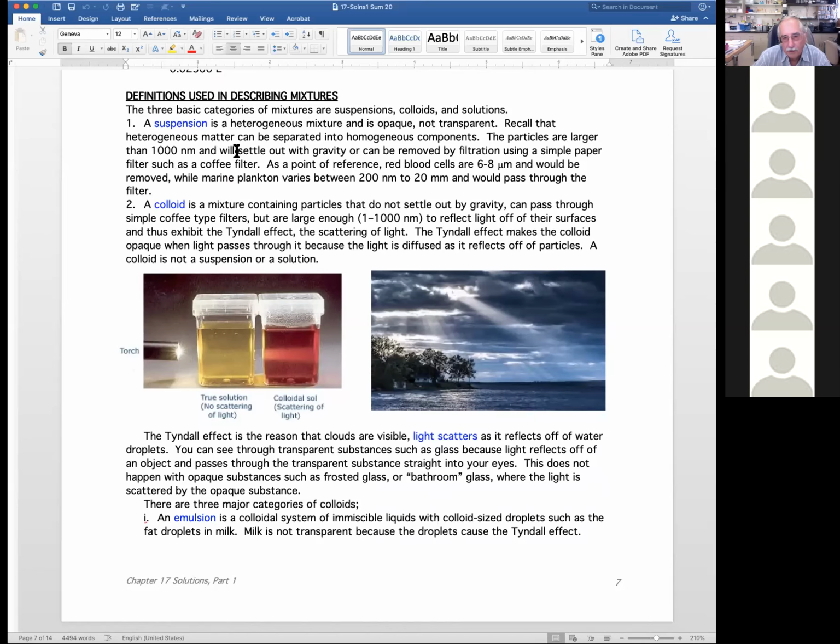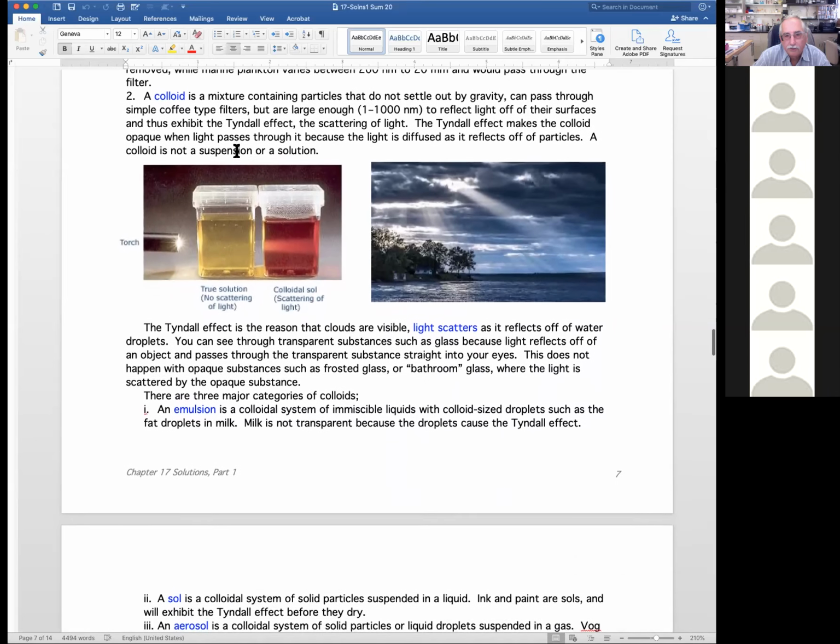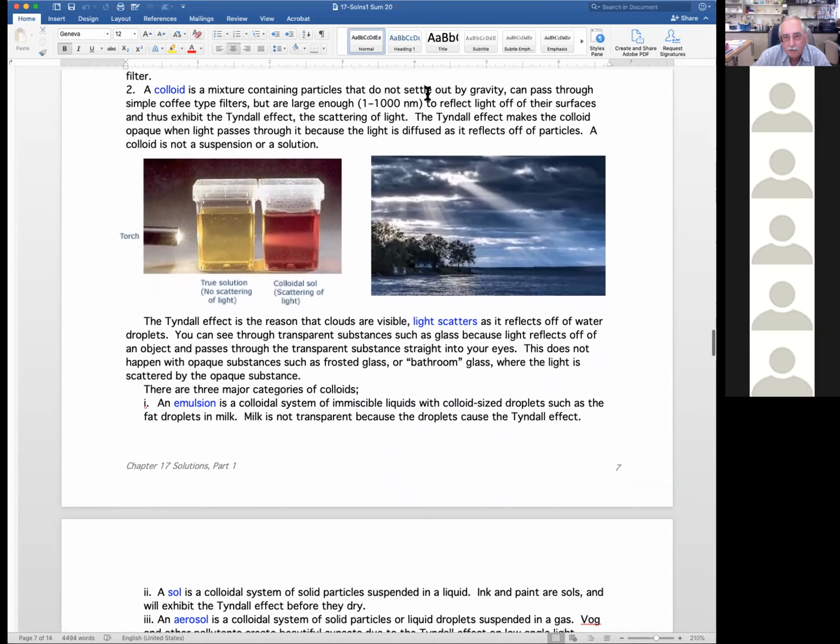We have a colloid where the particles are too small to settle out by gravity, essentially because there's so much kinetic energy at that particular temperature. They will pass through simple coffee filters, but they're large enough to reflect light off of their surfaces, giving you the Tyndall effect.